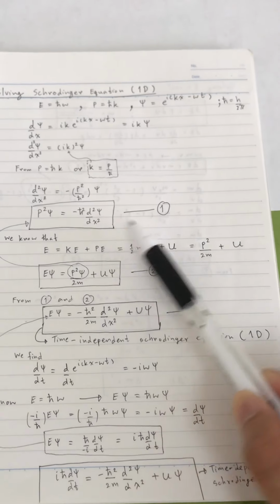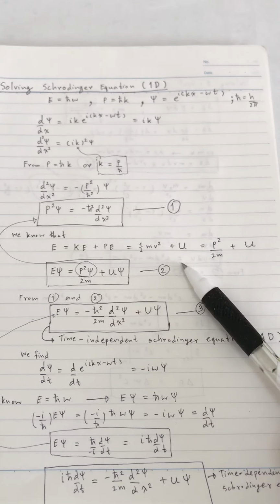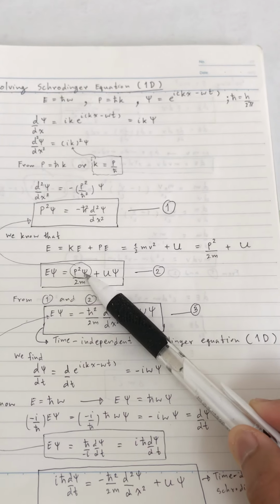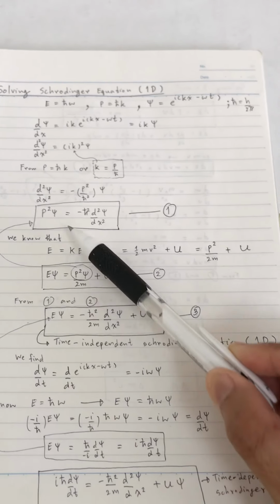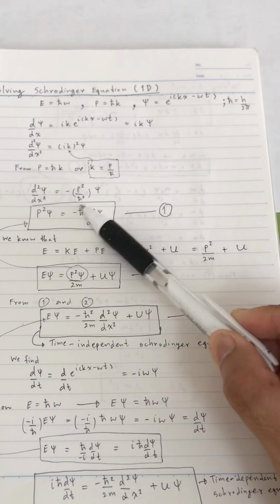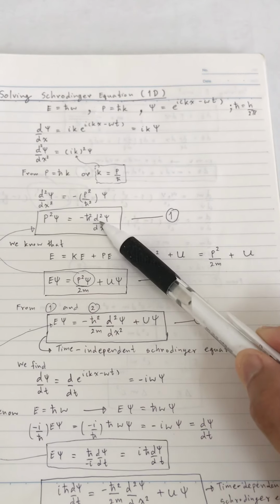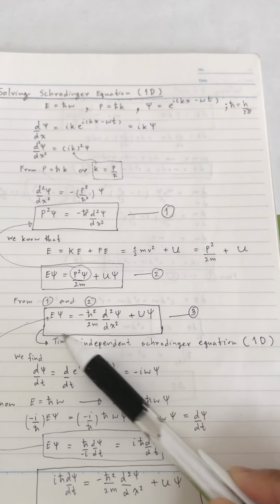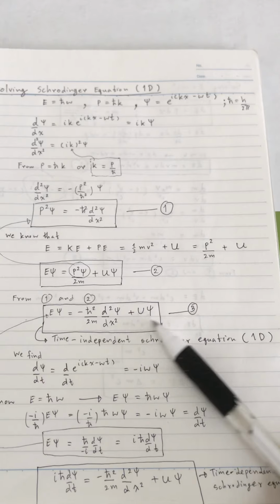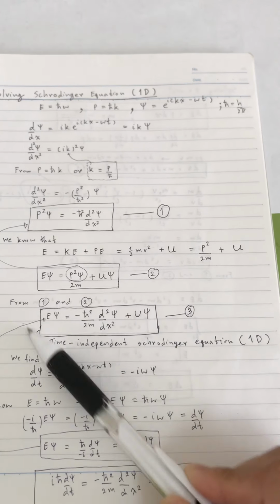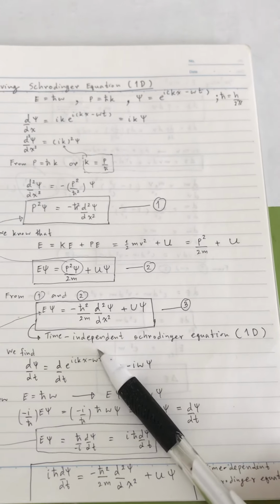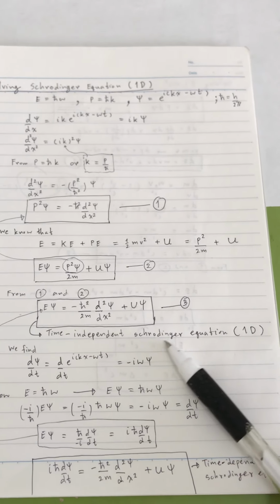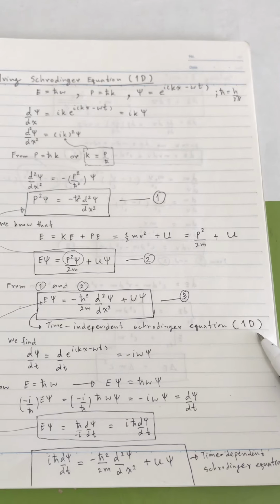And from equations 1 and 2, you can see the common term p squared psi. So we replace this term into this term. Finally, you obtain this equation, equation 3. And normally this equation 3 we call the time independent Schrodinger equation in one dimension.